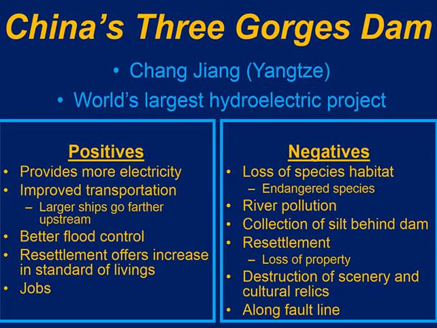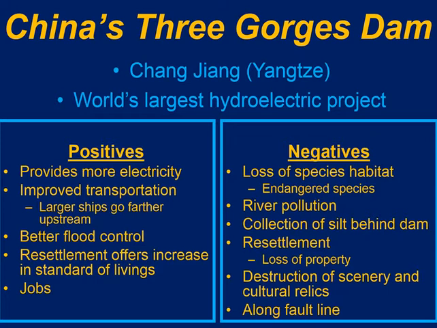Further, this allowed ships to go further upstream, which was seen as an improvement for transportation purposes. Further, this is an area that floods quite a bit, and there have been lots of flooding disasters over the history along the Yangtze River, so controlling that would be rather useful.